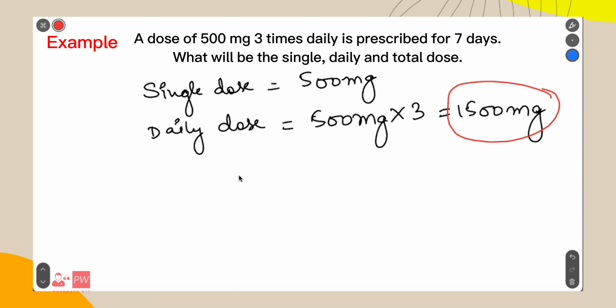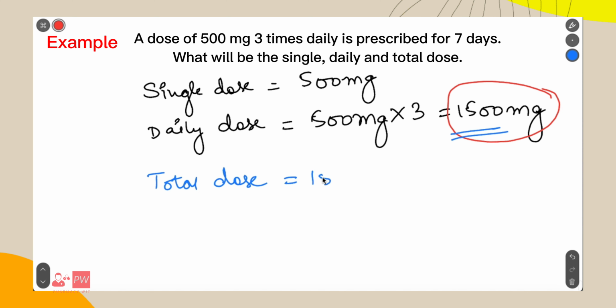Now you have to write down what the total dose will be. You have to think here, read the question carefully: a dose of 500 mg is prescribed for 7 days. But what is the daily dose? This 1500 mg is the daily dose which is prescribed to the patient for 7 days.